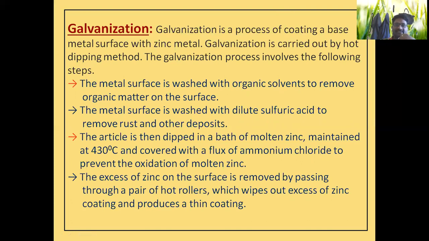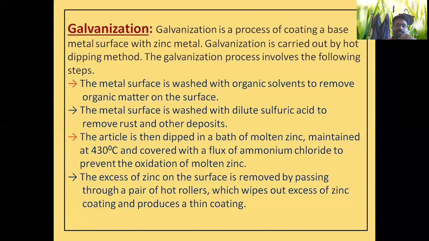The following steps are involved in the galvanization process. Step number one: the metal surface which you want to coat with zinc is washed with organic solvents such as acetone, carbon tetrachloride, benzene, and toluene. Why do we wash the metallic surfaces with organic solvents? To remove organic matter on the metallic surfaces.